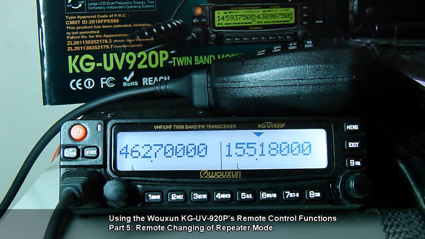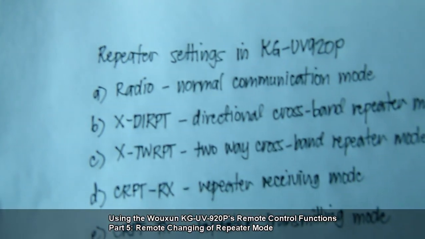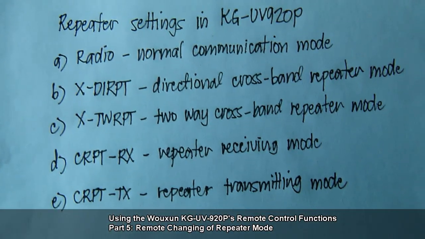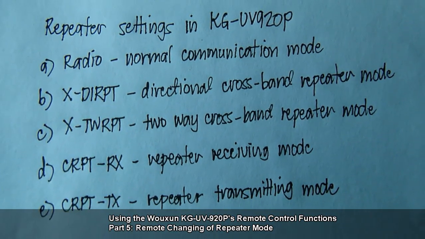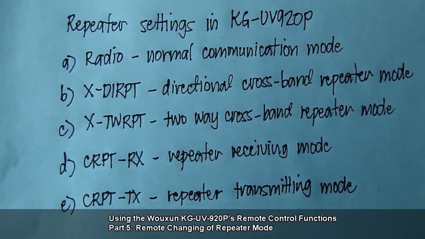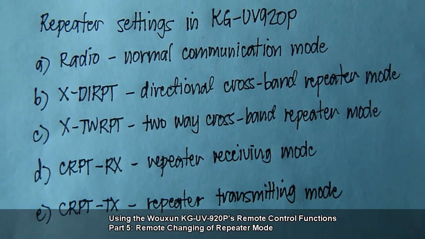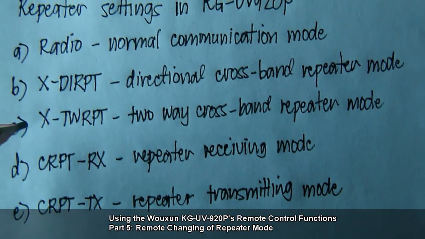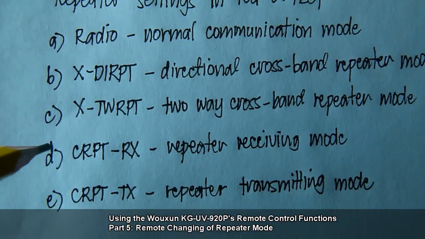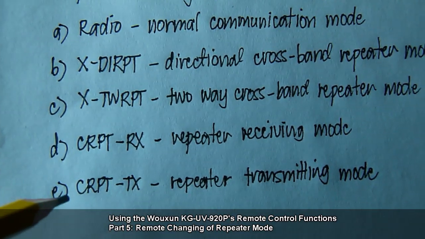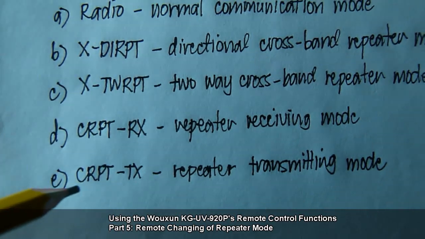There are 5 repeater settings in the KG-UV920P per information from the user's manual. First is radio mode, which is the normal communication mode. There is also directional crossband repeater mode, two-way crossband repeater mode, repeater receiving mode, and lastly repeater transmitting mode.